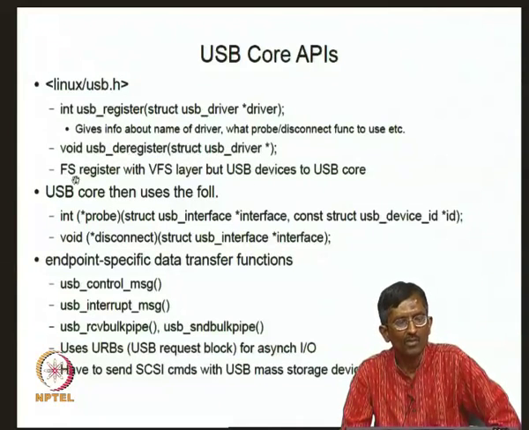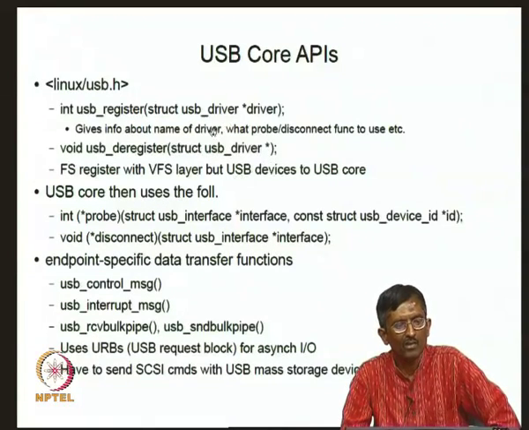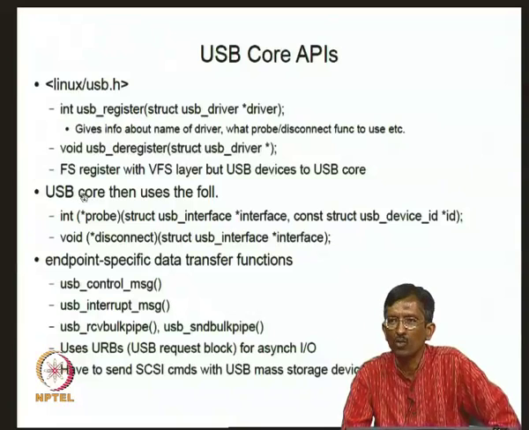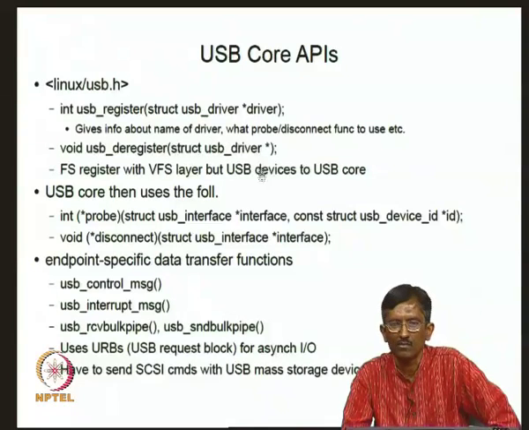Normally there is a similarity you might see. File systems usually register with something called the VFS layer. Here the USB devices register with the USB core. Now that the USB core has been told the driver name, the driver itself has some functionality, one of them being probe and disconnect.